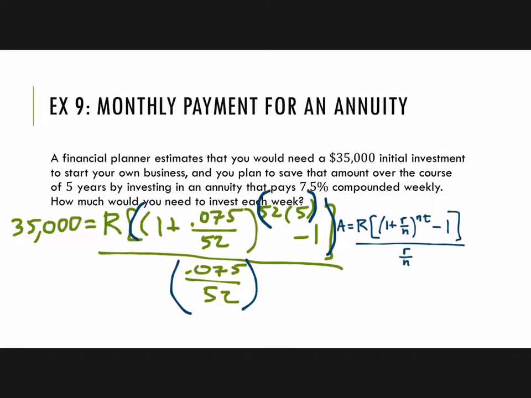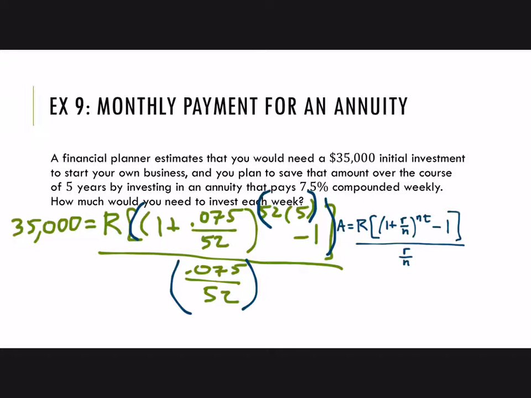Now let's talk about solving for R. Let's do this a couple of ways. One, we can simplify everything on the right-hand side first, and then divide both sides to solve for R. The other way is by rearranging the formula right now, before making any of these calculations.